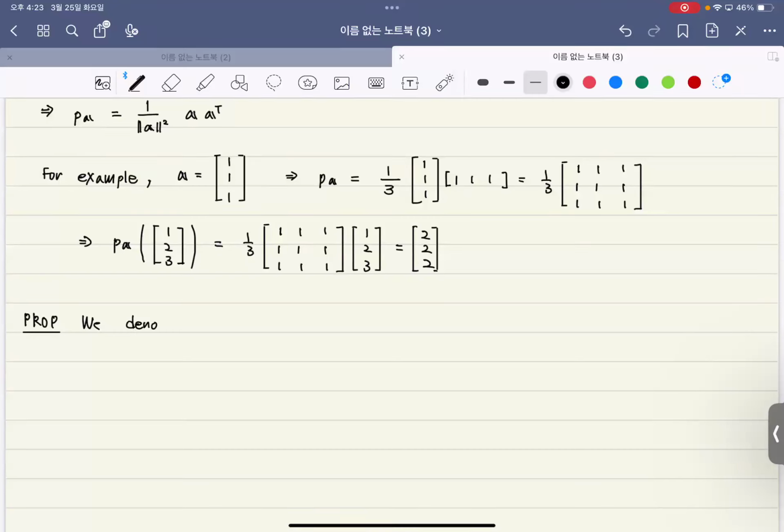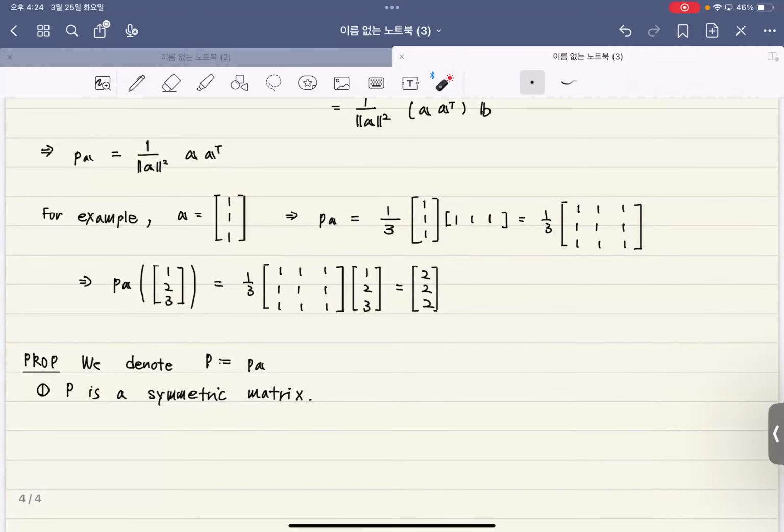Next. So we denote P as the matrix representation of the projection map. Then I have two very interesting properties. First, P is a symmetric matrix. It looks like this guy is a symmetric matrix, about the diagonal entries, so everything is symmetric.